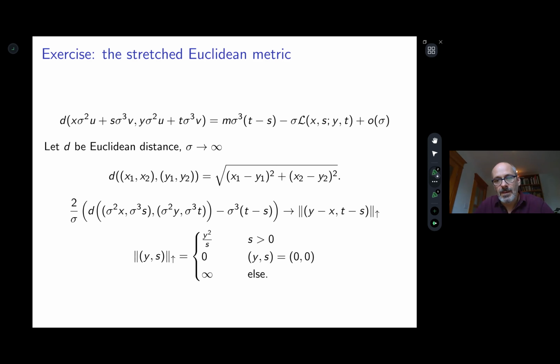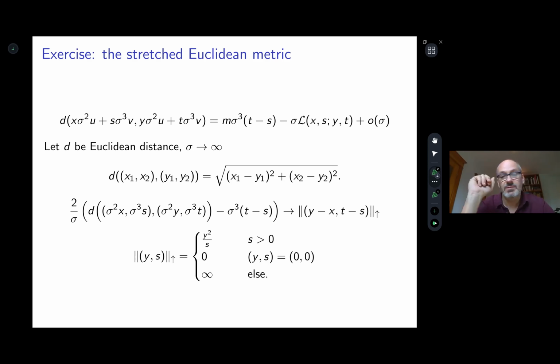So what you see is that there is an asymmetry, right? y and minus y don't have the same direction, so this distance is directed. It's not an actual distance function, but it's a directed one.